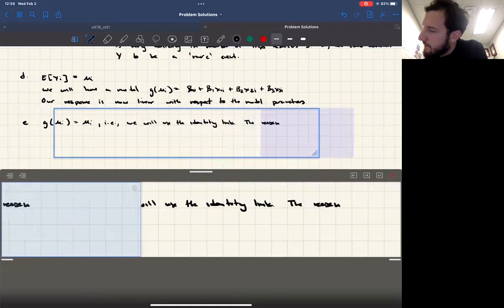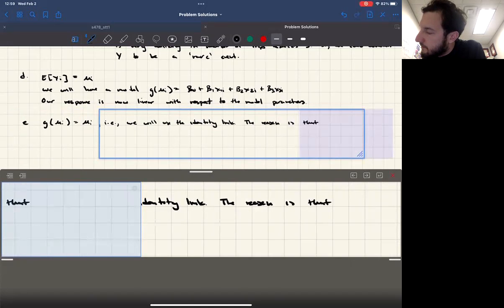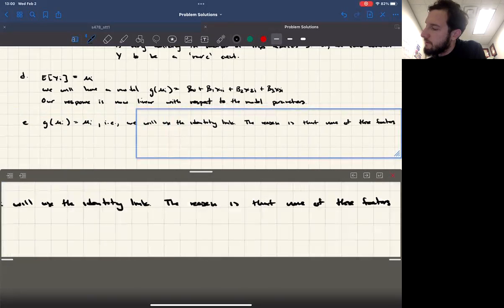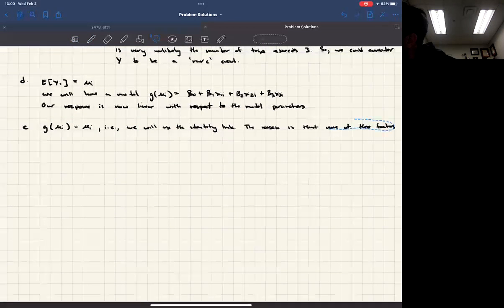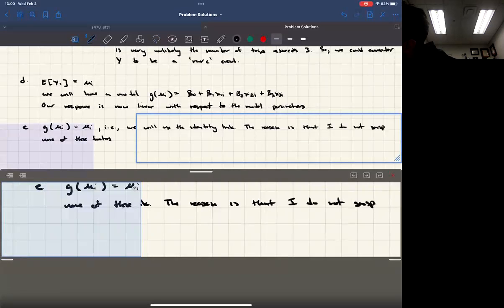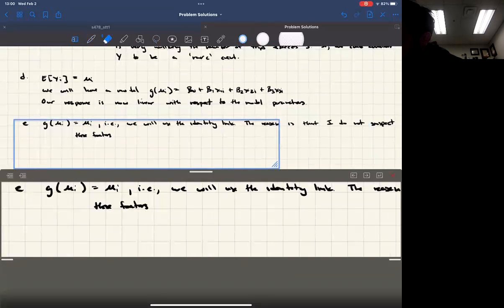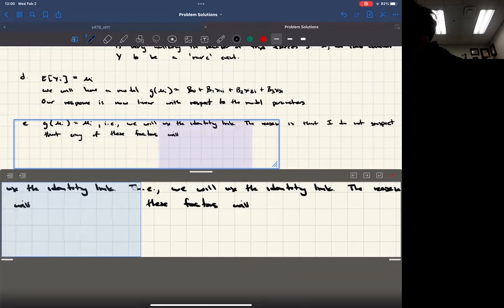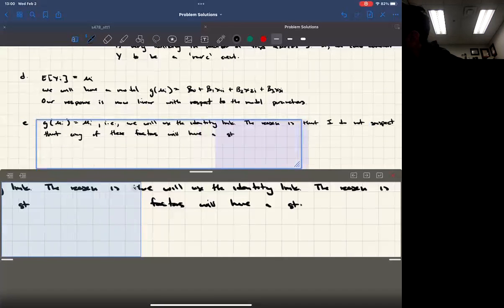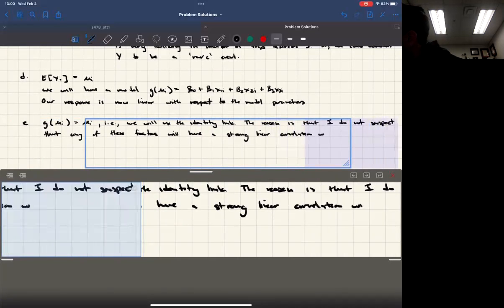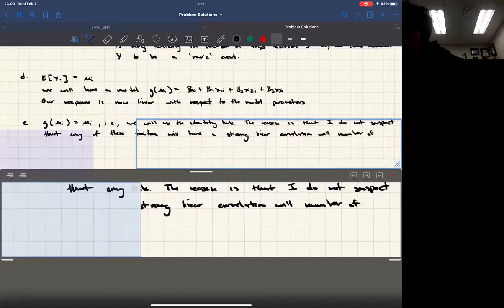The reason is that I do not suspect that any of these factors will have a strong linear correlation with number of trips.